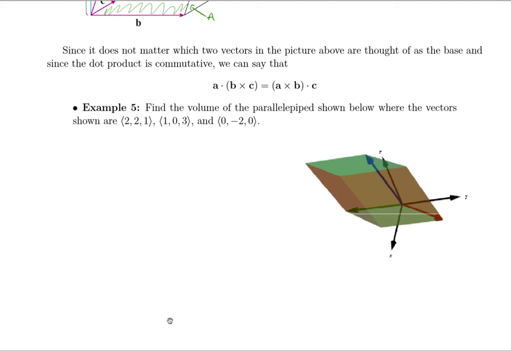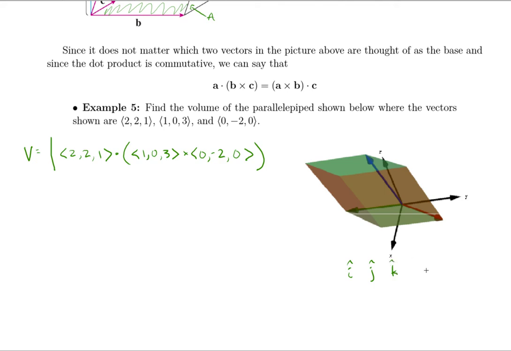So what I'm going to do is I'm just going to take the absolute value of 2, 2, 1, dotted with the cross product of 1, 0, 3, and 0, negative 2, 0. All right, so over here, let's go ahead and do that cross product.